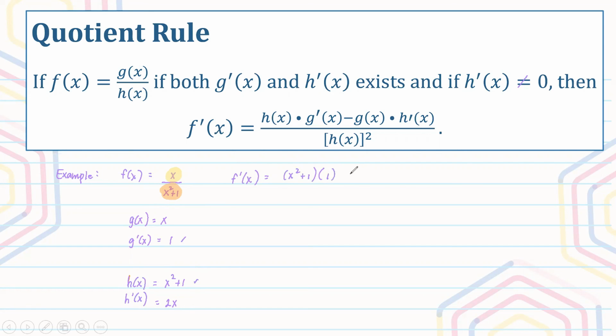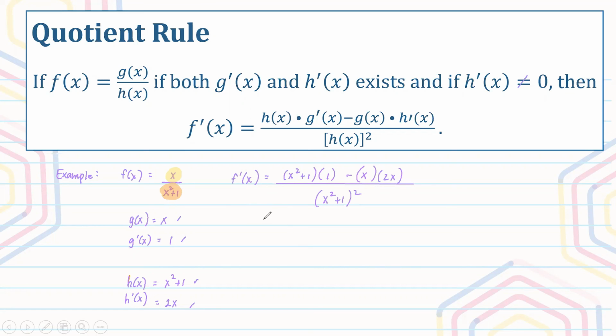So times 1 minus our g of x here is x times h prime of x, which is 2x. Okay, all over h of x, okay, x squared plus 1 squared.